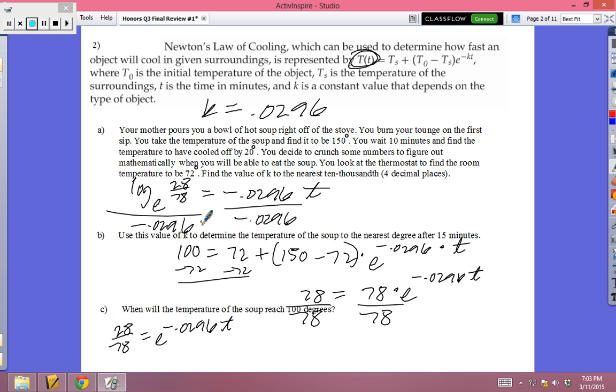And let me calculate that and see what it is. So T is going to equal about 34.6 minutes before that soup's going to cool down if it just sits there.